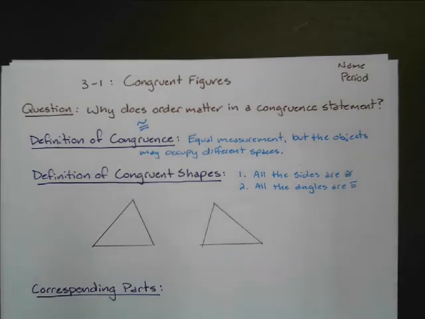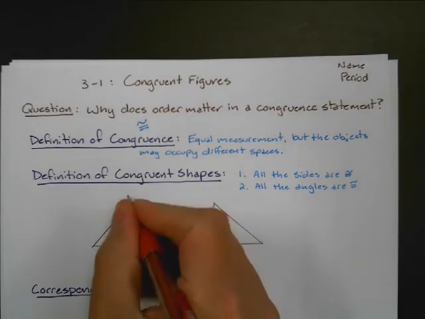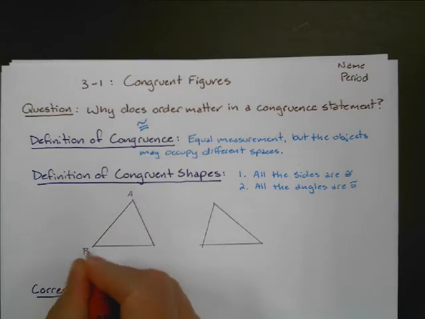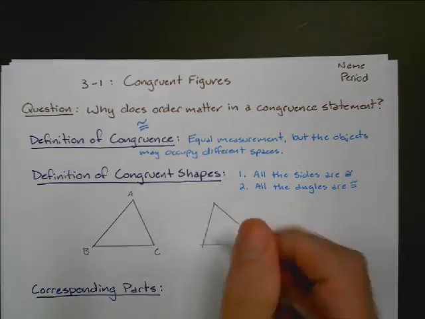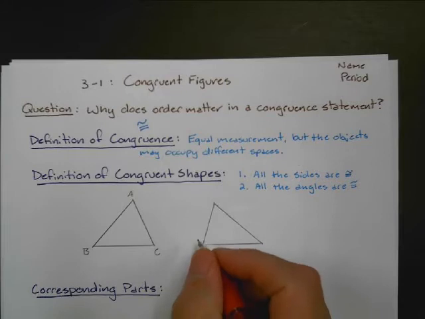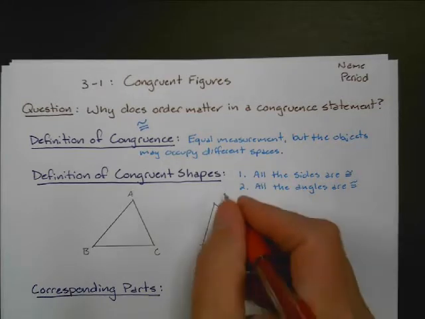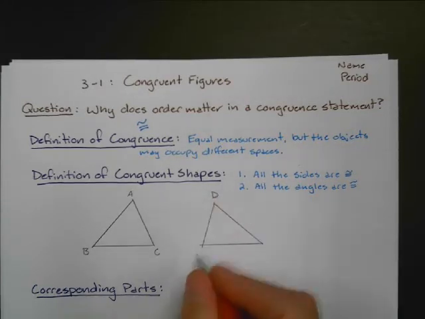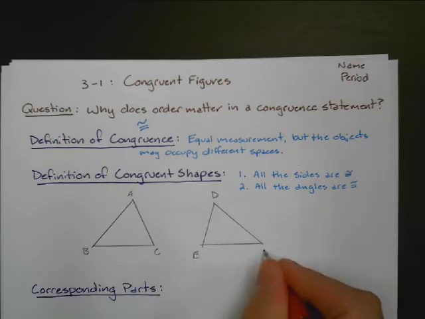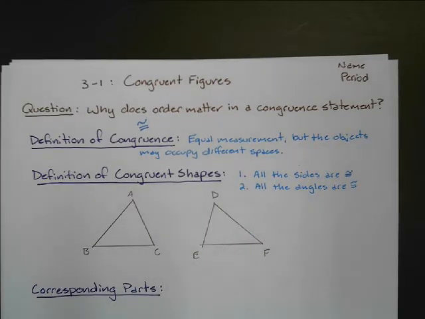All right, so I got two triangles over here. Let's call this one A, B, and C, and this one over here is going to be D, E, and F.